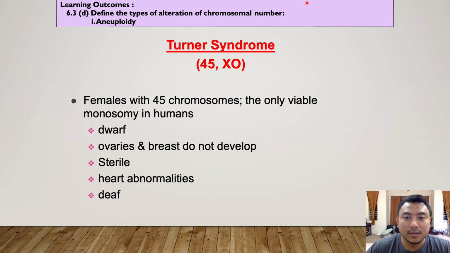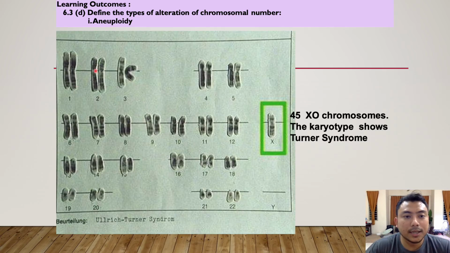So they are sterile and have heart anomalies and even deaf. This is the karyotype of the Turner syndrome patient. When we look at the sex chromosome, it only has one X chromosome. It does not have any Y or any other X chromosome. So 45 XO.